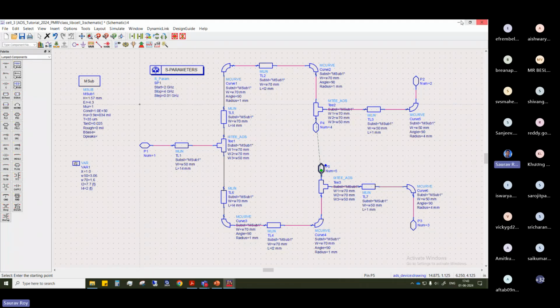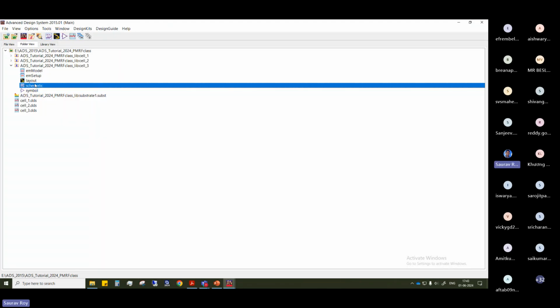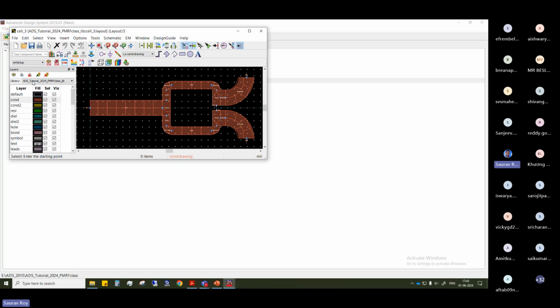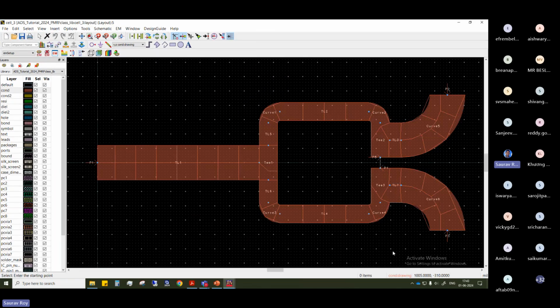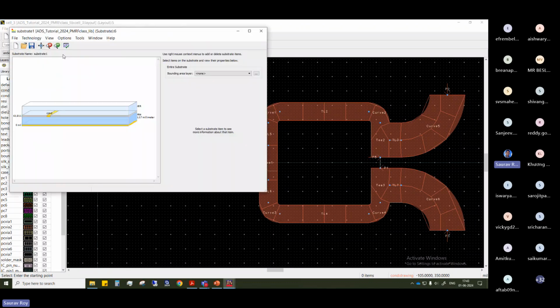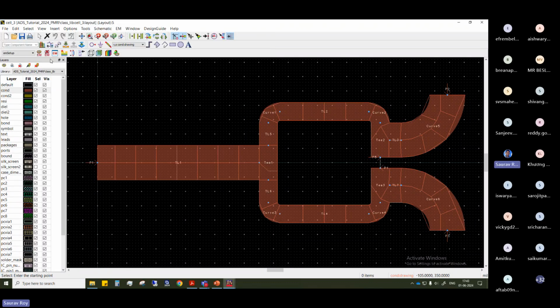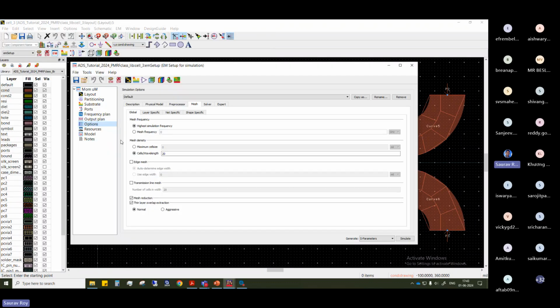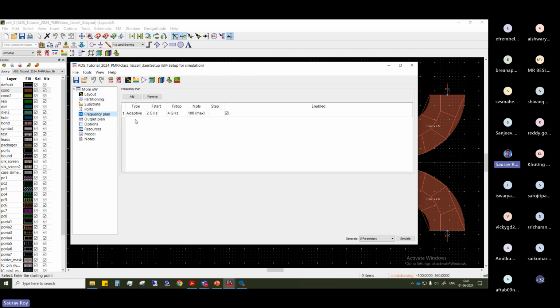So now that this is there, from the schematic I went to layout, right? I guess you remember all the setups there. You have to set up the dielectric substrate as well as the other things. Frequency plan you have to set, which frequency range you want to simulate.